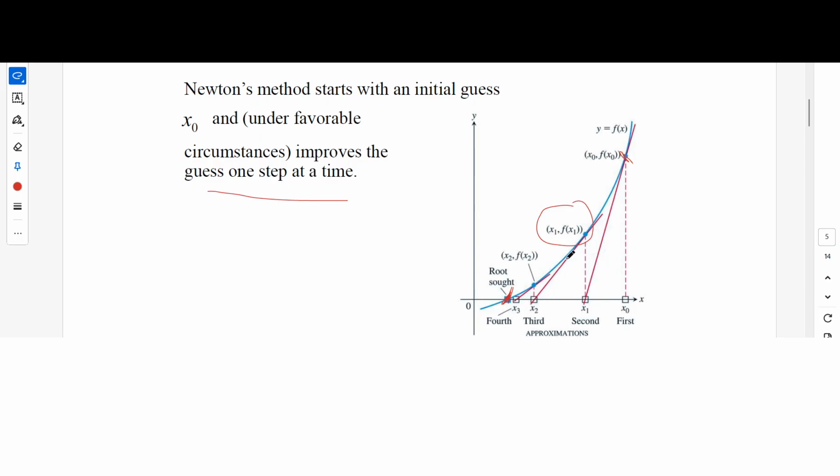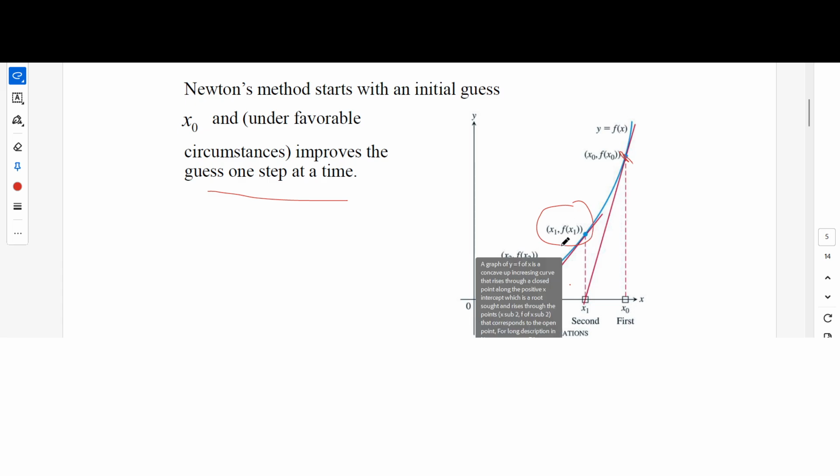And then you draw the tangent line at that point and find x2, which is always on the x-axis. Using x2 and the curve, you can find the next point. And you keep going like that, towards the root of the function. That is the whole idea.